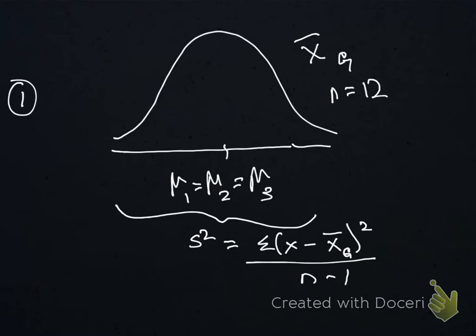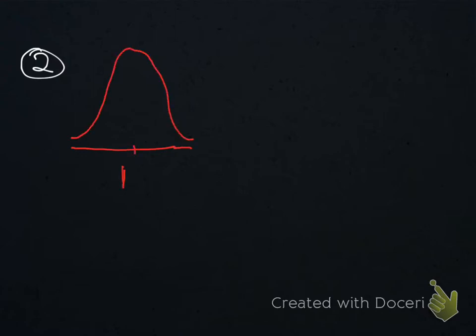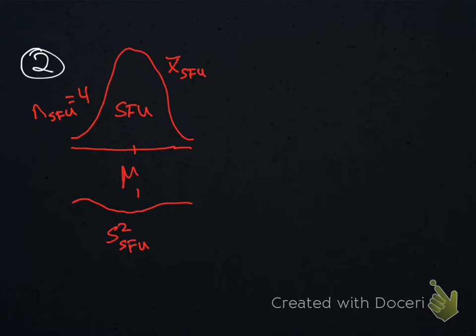So we can think of this as reflecting our data in the first scenario, or we can think about it in the second scenario as treating each of these groups separately. So we'd have an SFU population, and that would have SFU's population mean and SFU's population variance. It would have only 4 people in it, and its sample mean would be from SFU scores only.